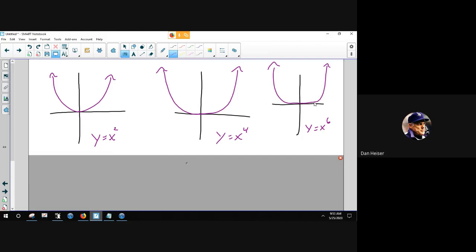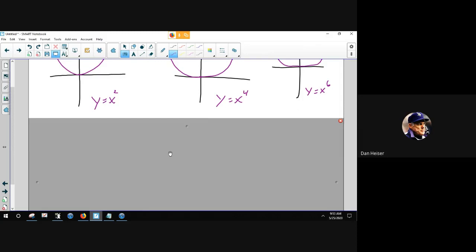If we zoomed in, we would see very, very small changes, but from a distance like this, it looks essentially flat. Understand it's not flat. The higher this power gets, the flatter this gets, and then the faster this rises.